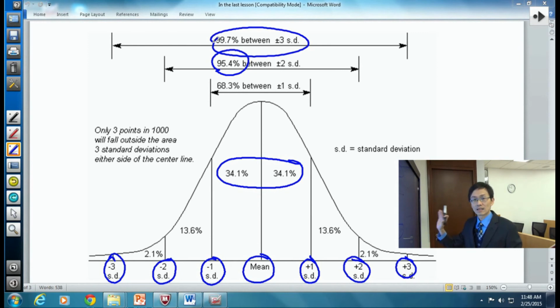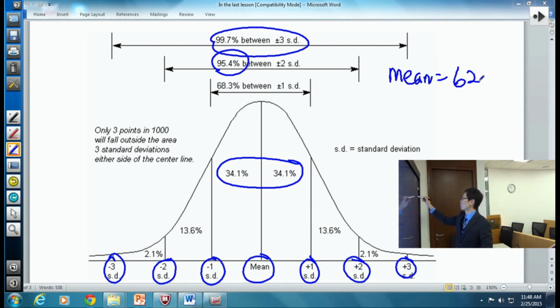Now, based on this information, what can we tell about the height of people that we talked about just now? Now, if you remember, the mean was 62.8 inches. And if you remember, the standard deviation was 4.02. So let's simplify it to be about 4.